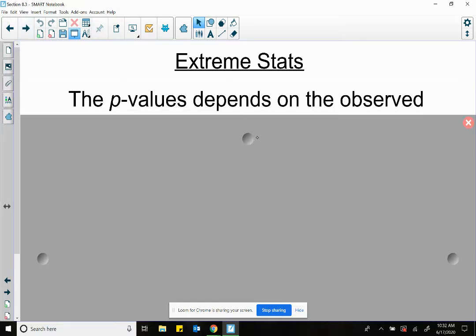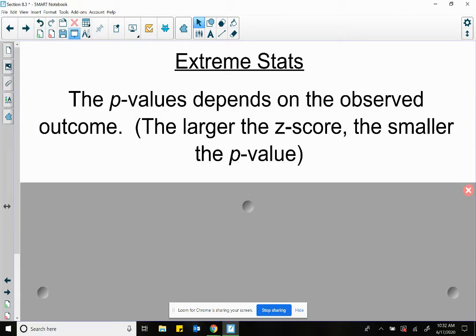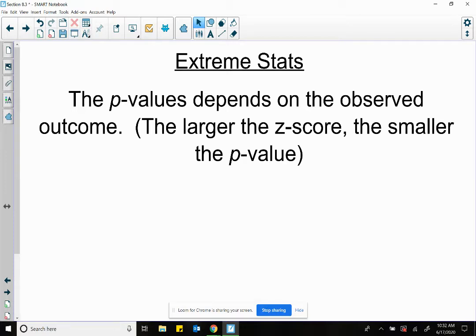And what we have found is the p-value depends on the observed outcome, what our sample does. So in other words, the larger the z-score, the more extreme that z-score is, the smaller you should be expecting the p-value.